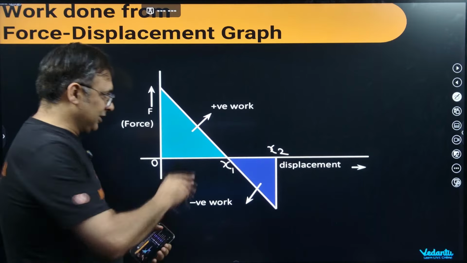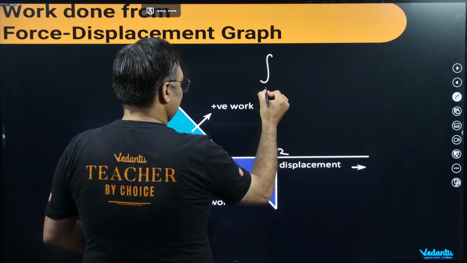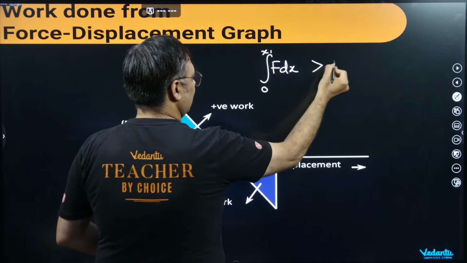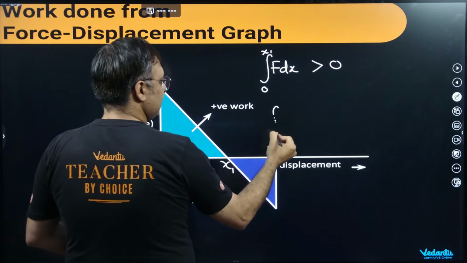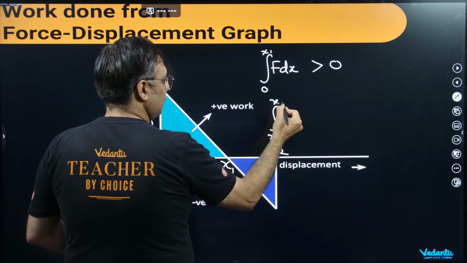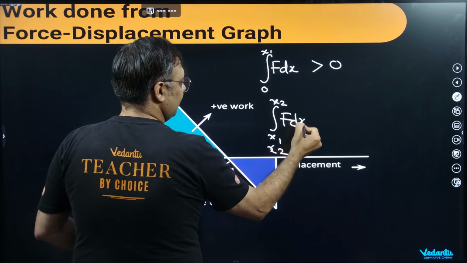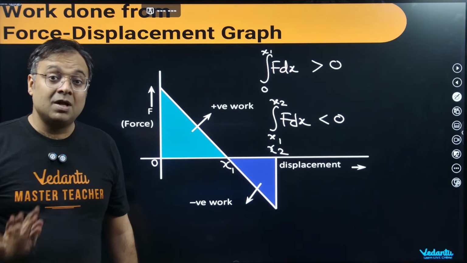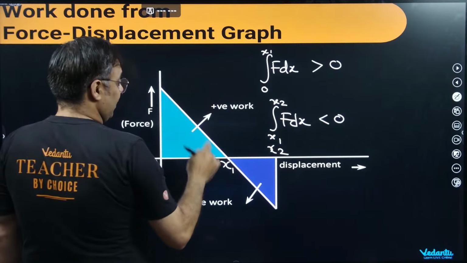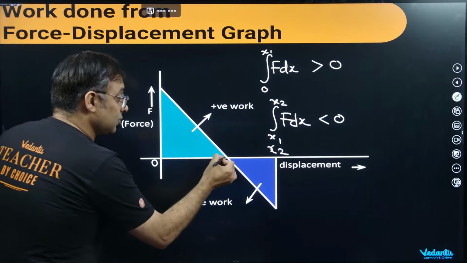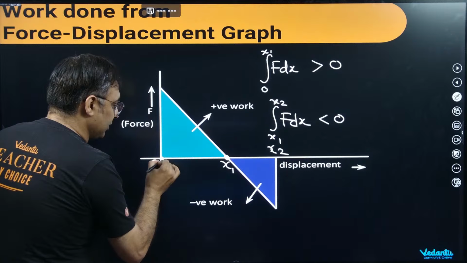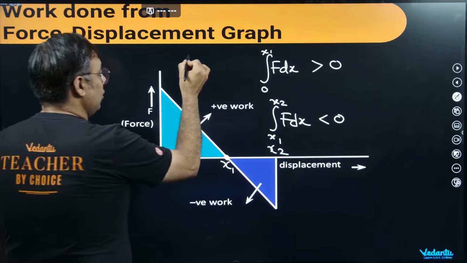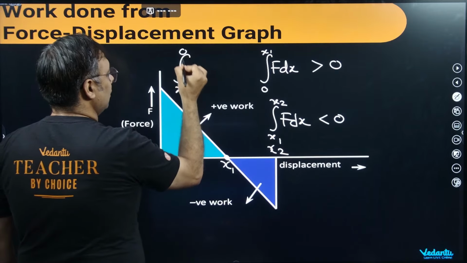Let me write integration 0 to x1 F dx. In this question, this is a positive answer. In this case, x1 to x2 F dx, this will be the negative answer. So you just find the area and then give an answer with a negative sign. But if they say find the work done when the particle has gone from x1 to 0, that means the lower limit is x1 and the upper limit is 0.